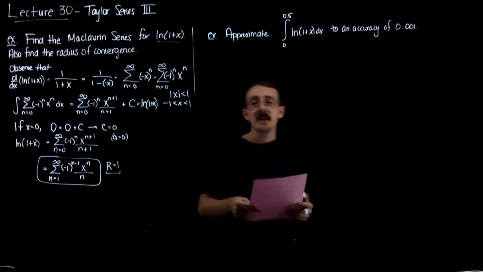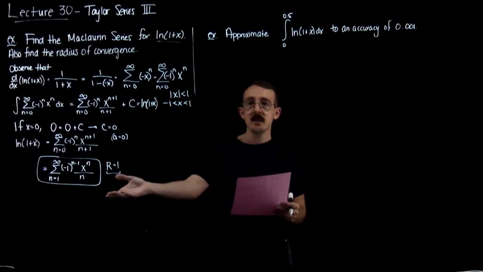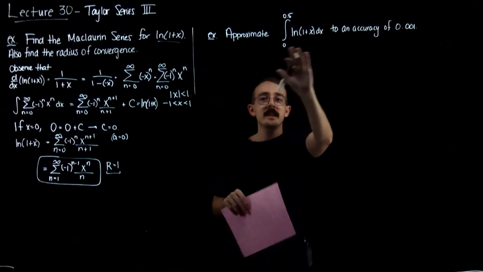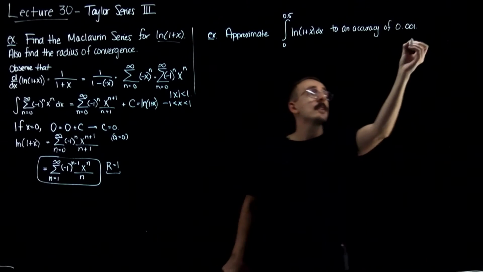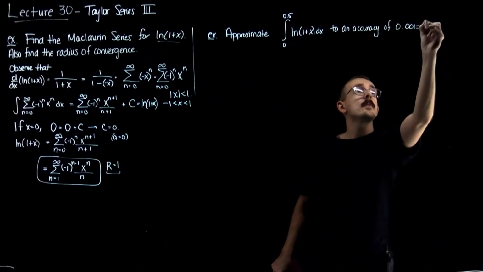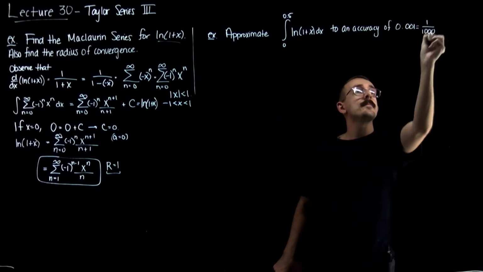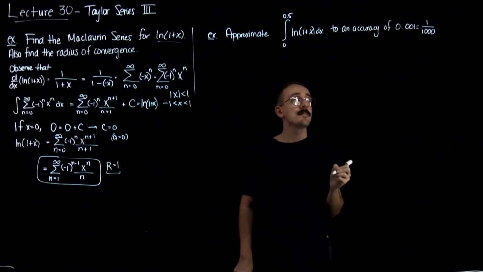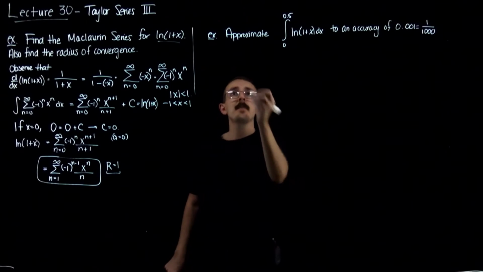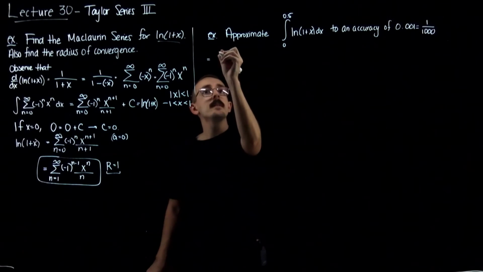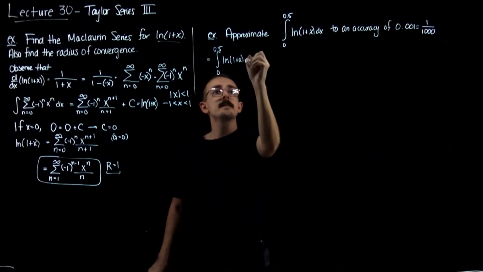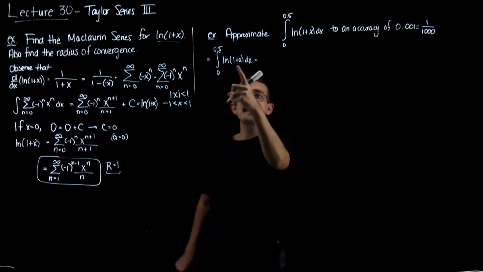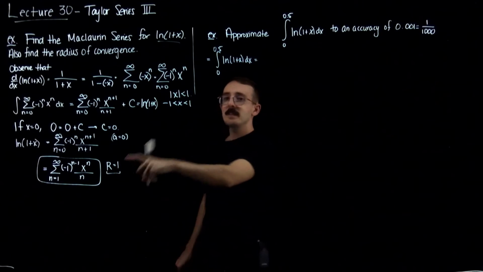Now what I'm going to do is use this series representation to approximate the integral of ln of 1 plus x dx to an accuracy of 0.001, which is 1/1000th. So let's take a look at that. We know that this integral, 0 to 0.5, ln of 1 plus x dx, we can replace with the series representation that we just found.